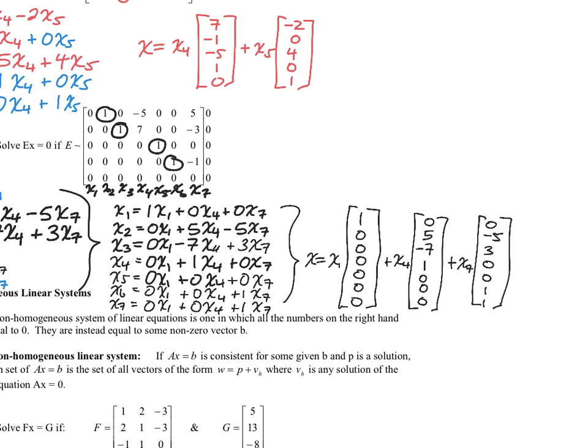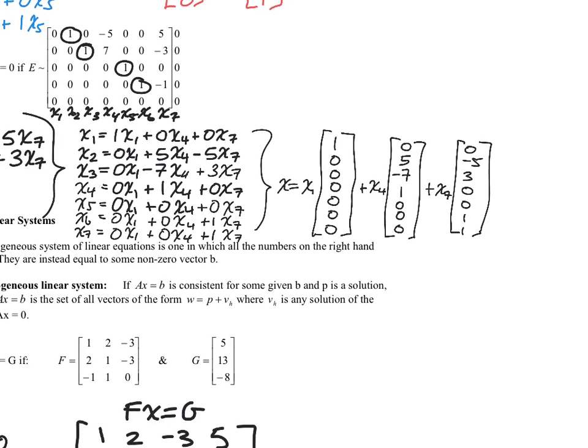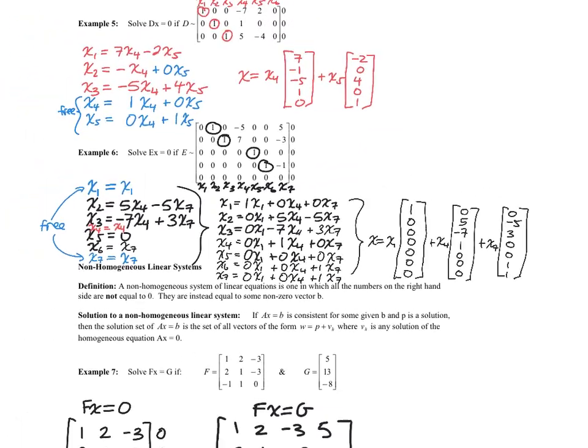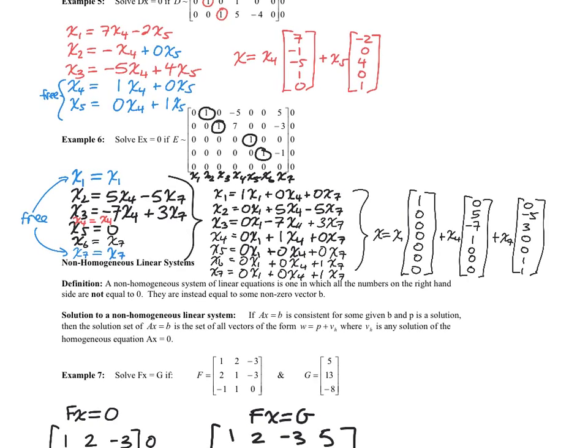All right, so we have a solution that's dependent upon 3 free variables. There's a lot going on with that, but it's crazy to think that you're actually given the solution already.